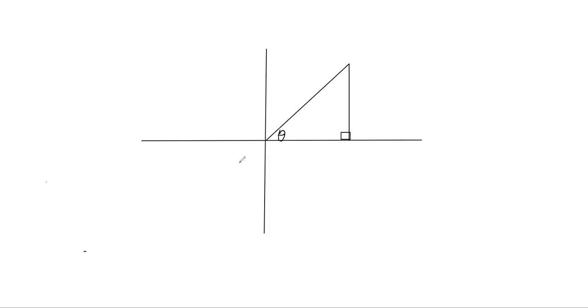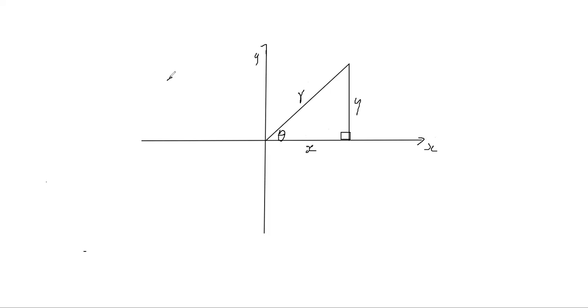Now, that's the y-axis. This is the x-axis. So this side should be y. That should be r, the hypotenuse. And this should be x. We're going to use Pythagoras basically to prove the square identity. As for the quotient identity, it is very simple.